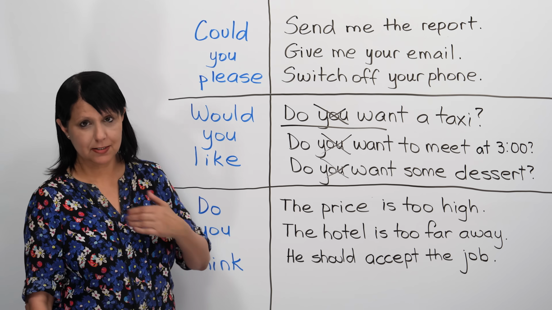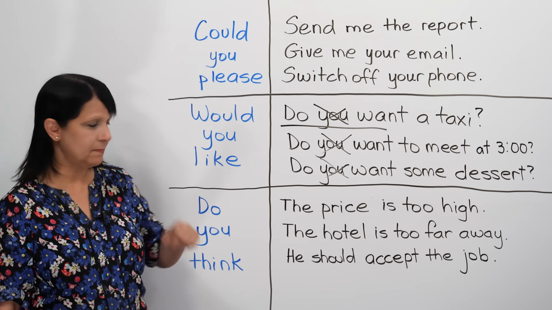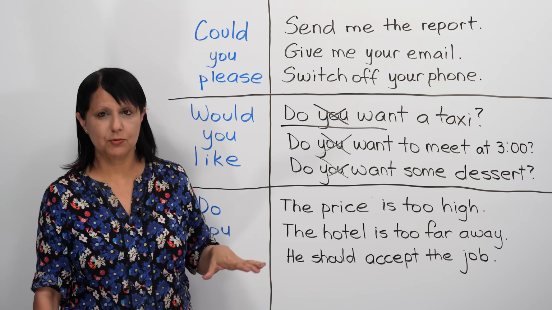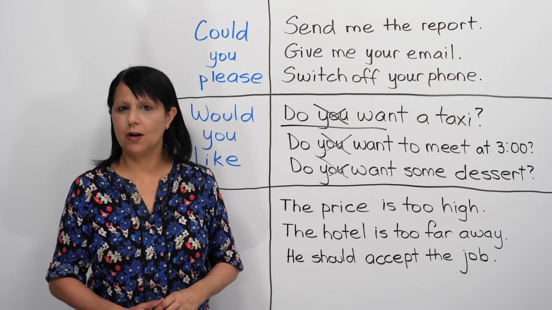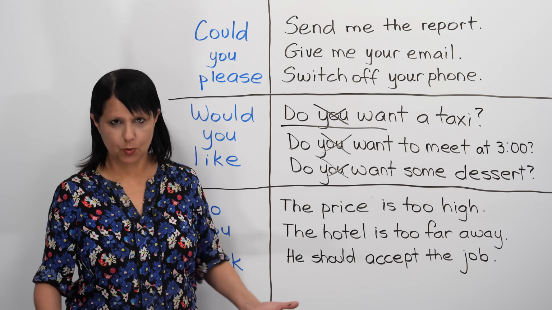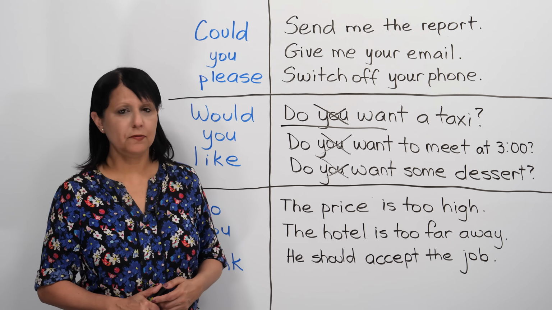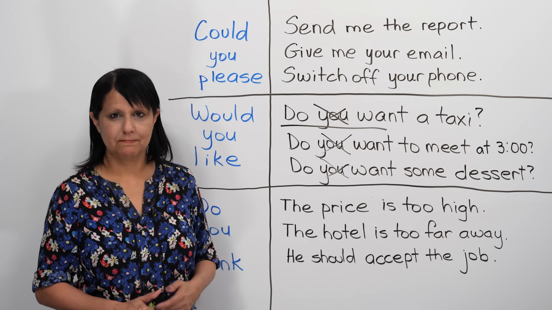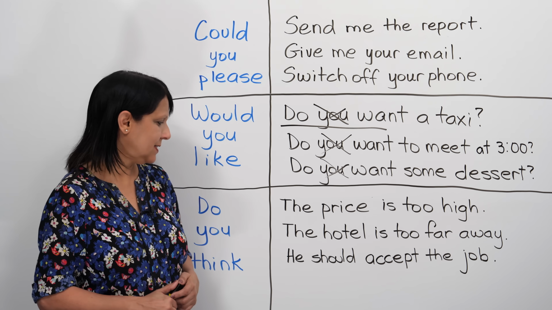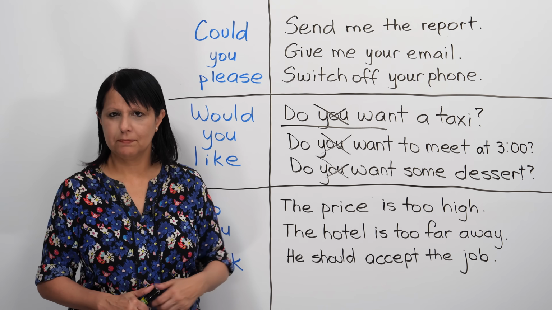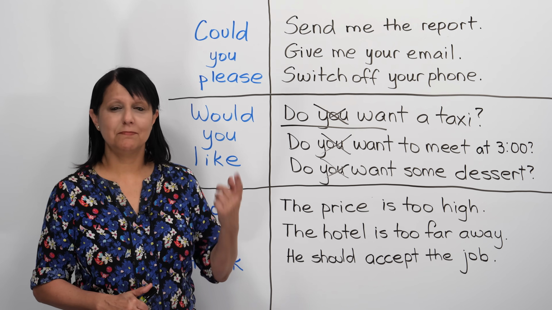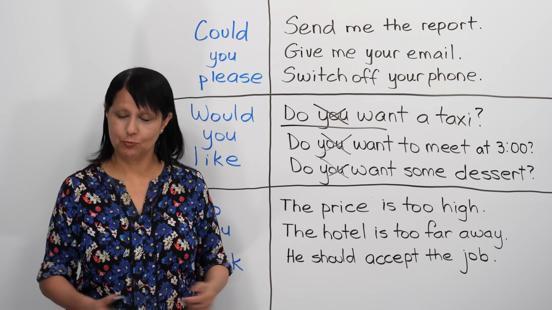Your opinion means what you think. What you think about the subject is the price is too high. Or your opinion is the hotel is too far away. Or your opinion is he should accept the job. Now, that's your opinion. Wonderful.